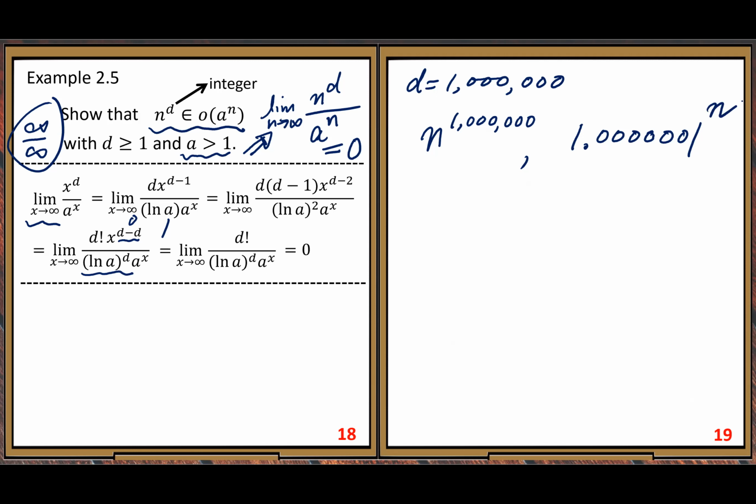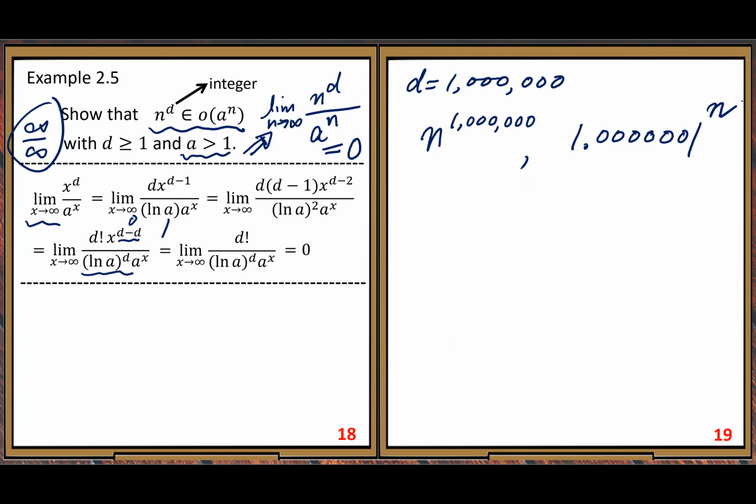Now I ask you to compare these two functions. Which one grows faster? Think about that. If you use intuition, you really need to be careful. The first one looks huge. The second one, the base is close to 1.